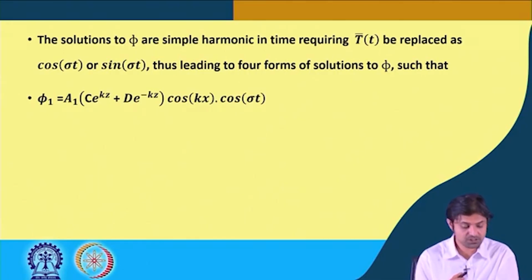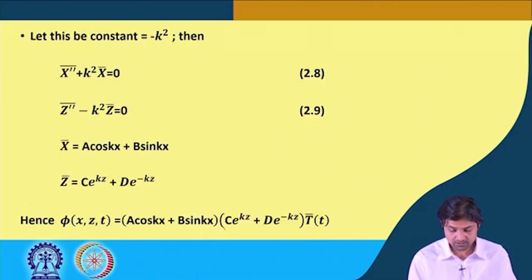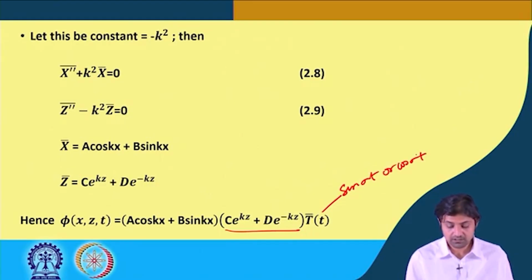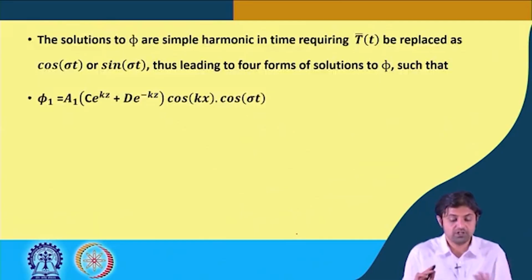We did not touch this: a cos kx plus b sin kx, multiplied by either sin sigma t or cos sigma t. There are going to be 2 terms when we assume T bar as a function of sin sigma t, and 2 other terms if instead of sin we assume cos sigma t. So, in total we can write 4 terms.